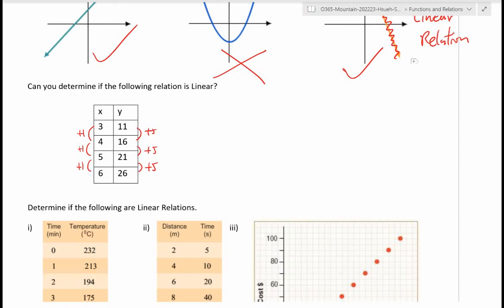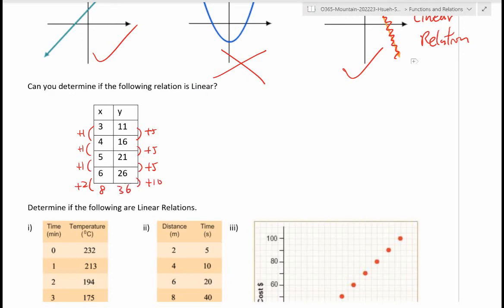Now, you have to be careful though, because I can also do this. I can just skip 7 and put down an 8. So now this is plus 2. In that case, you might think it's not a linear relation because there's no consistent pattern. Well, it would be a linear relation if this then goes up by 10.